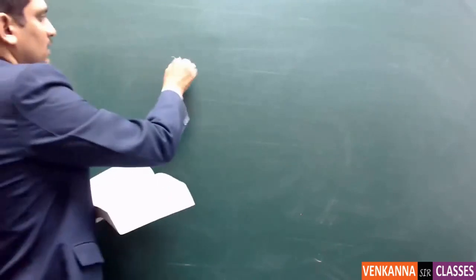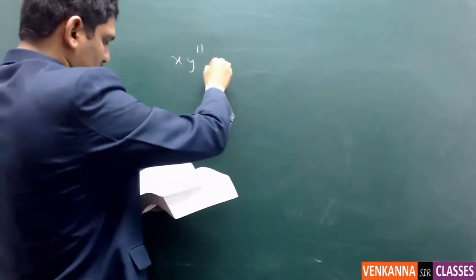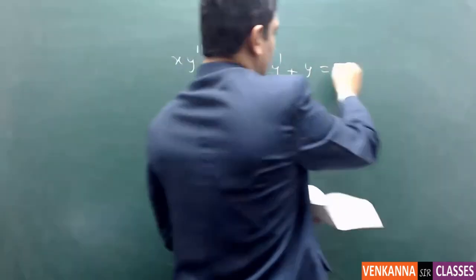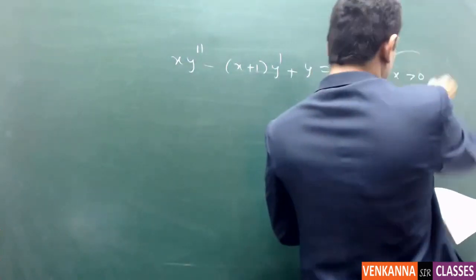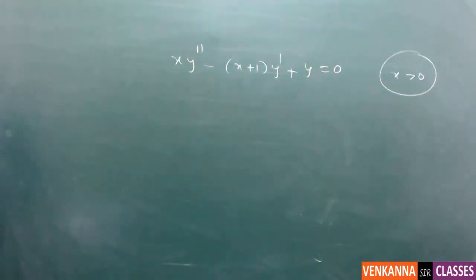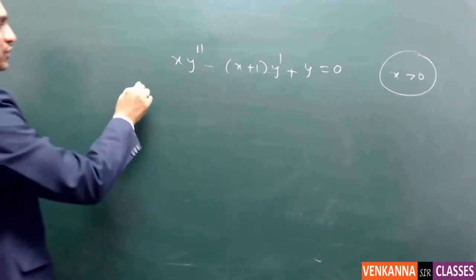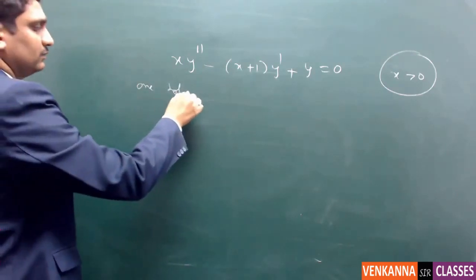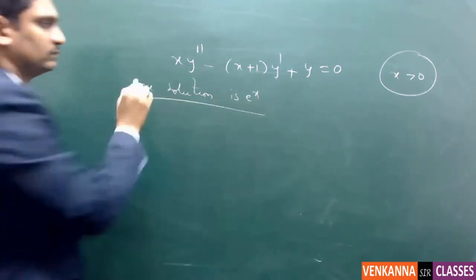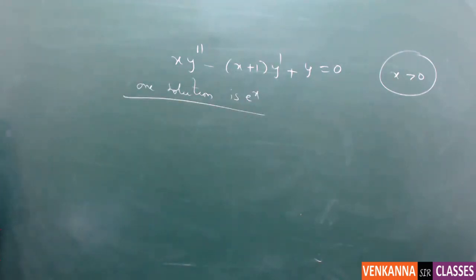So please take that: x into y double dash minus of x plus 1 into y dash plus y equal to 0, where x is greater than 0, where one solution is e power x.